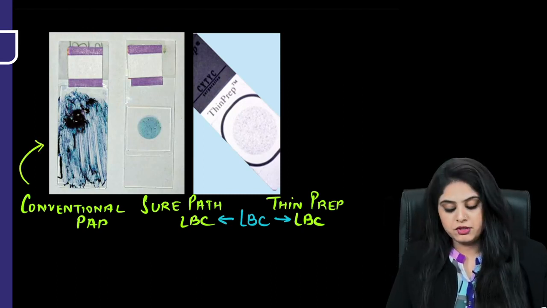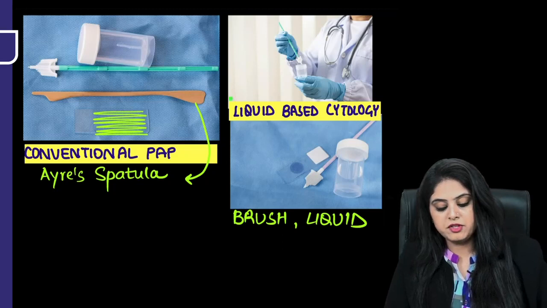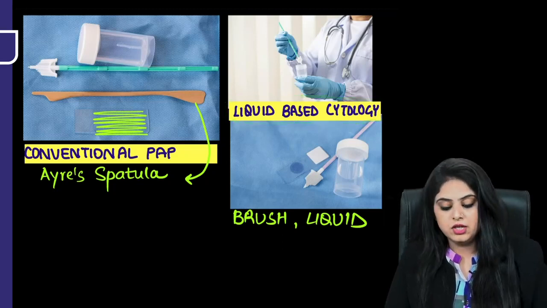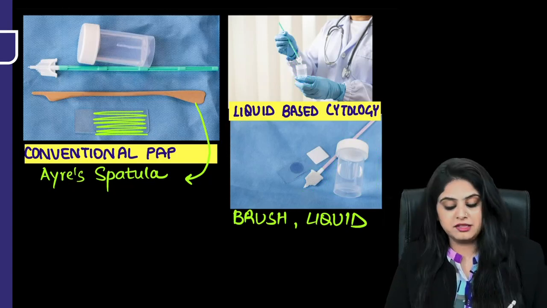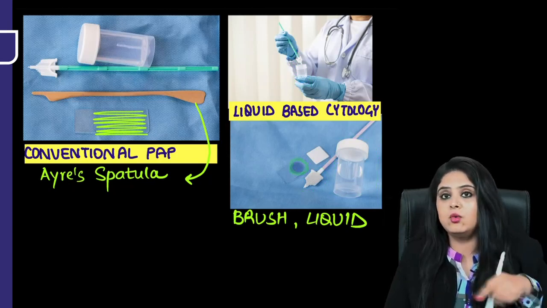But now what is preferred over a conventional smear? We now prefer a technique called liquid-based cytology. What do you use? A brush and a container, which has a liquid. That is how you're going to identify liquid-based cytology, and the slide will always look round like this.